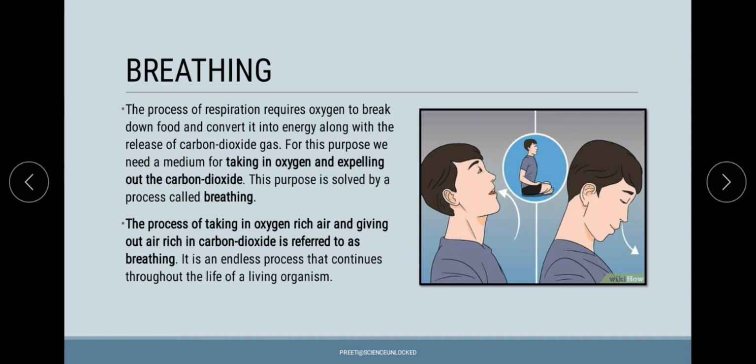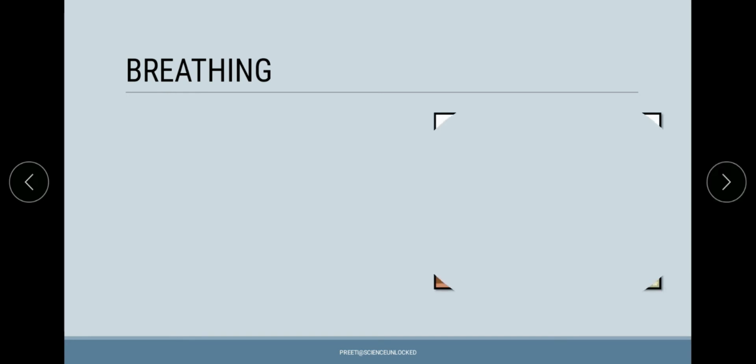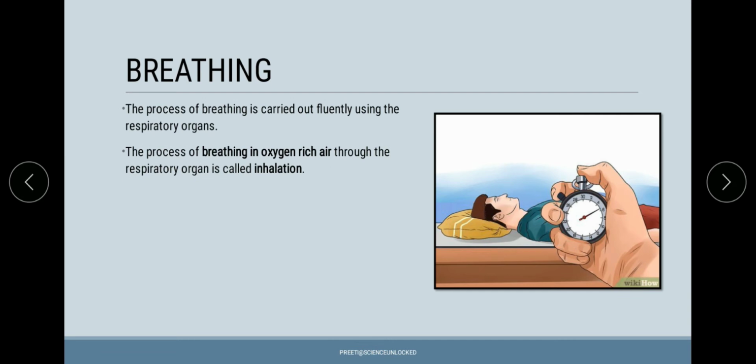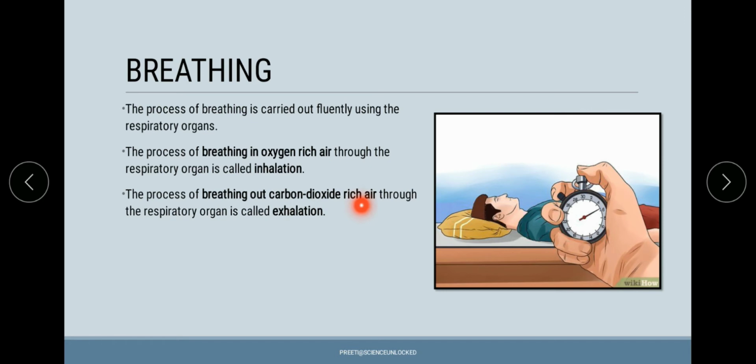When we talk about the breathing process, one add-on thing that is related is called the breathing rate, which is how many times a person can breathe in 1 minute. But what we have to understand is that inhalation, which is taking in oxygen-rich air, and exhalation, which is breathing out carbon dioxide-rich air, together make one breath or one cycle of breathing.